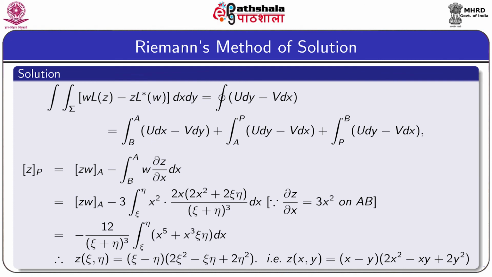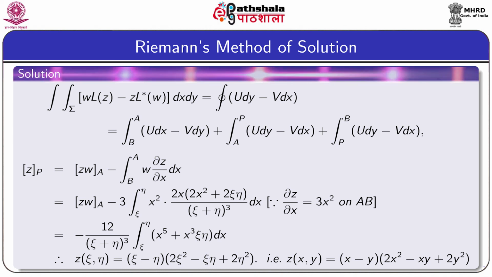So, the value of z at P is equal to zw at A minus the integration from B to A of w ∂z/∂x dx. Using that we find the solution: z at P equals minus 12/(xi plus eta) cube times the integration from xi to eta of x to the power 5 plus x cube xi eta dx.